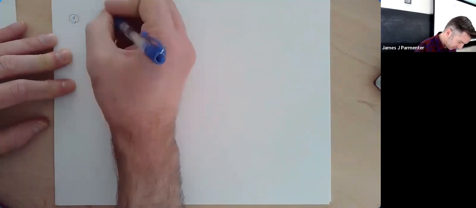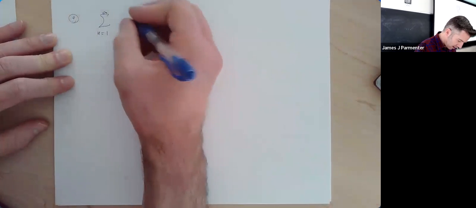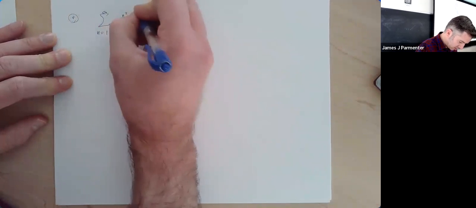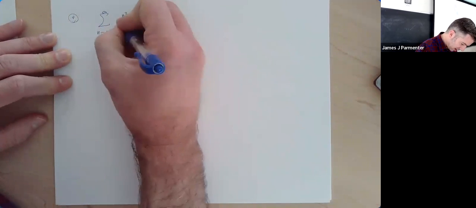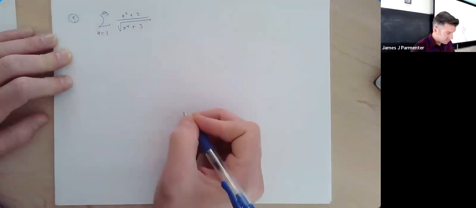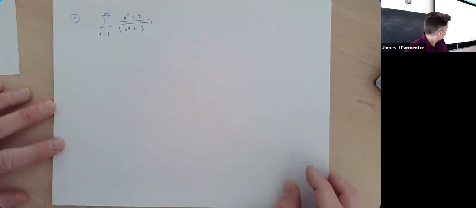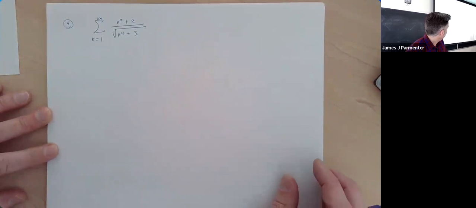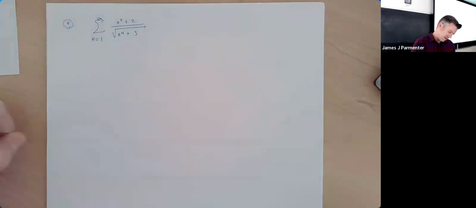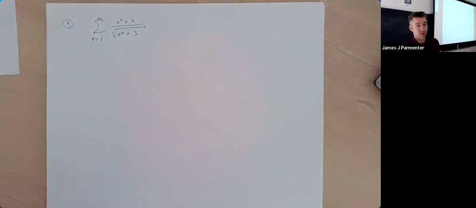The sum from n equals 1 to infinity of n squared plus 2 over the square root of n to the fourth plus 3. Now here, it's not a rational function, but you can still use the limit comparison test as if it was. So actually, you don't even have to use the limit comparison test.